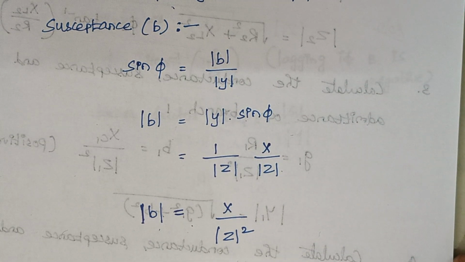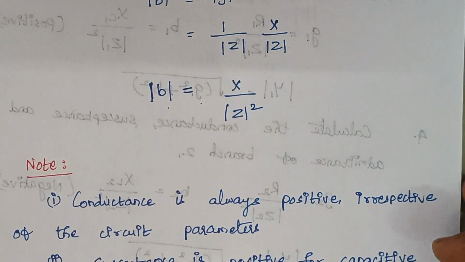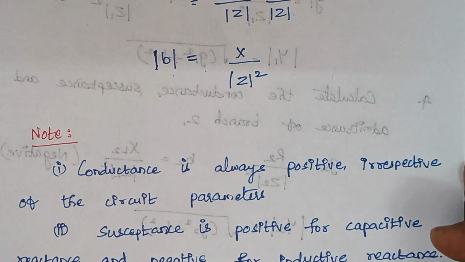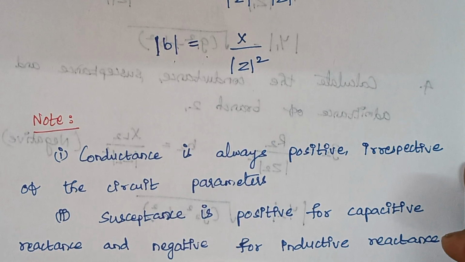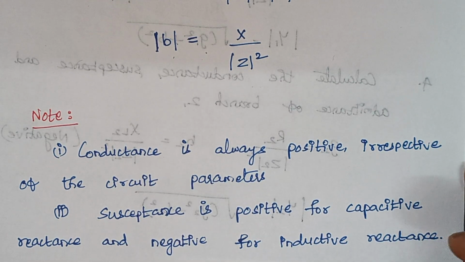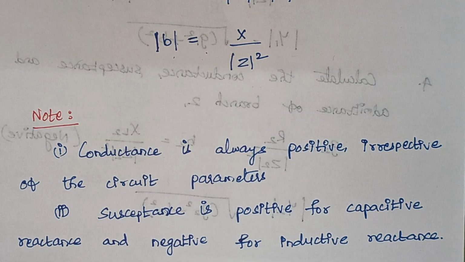So here in this case you see the conductance is always positive, right, whereas susceptance is positive for capacitive reactance and it is negative for inductive reactance. You have to keep these things in your mind while solving the problem, right.